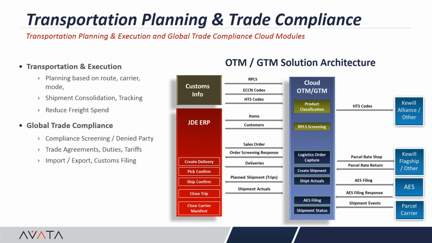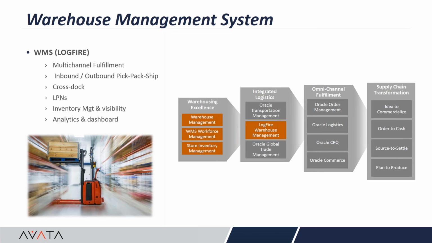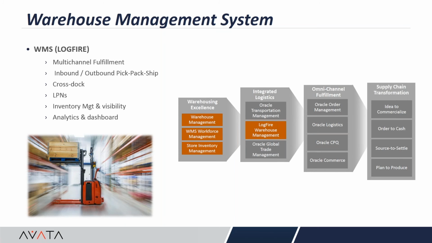So where transportation planning and trade compliance gives visibility and assistance in managing materials outside of your four walls, so to speak, there's also quite a bit of functionality around warehouse management systems that we can bring to bear in the cloud. Real-time visibility, safety stock control, system-directed activities for labor, multi-channel demand.